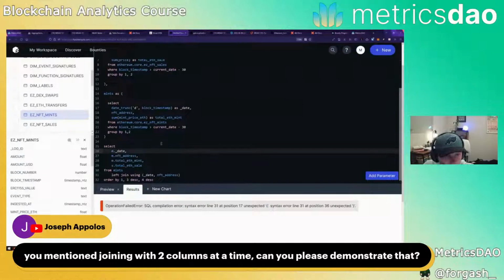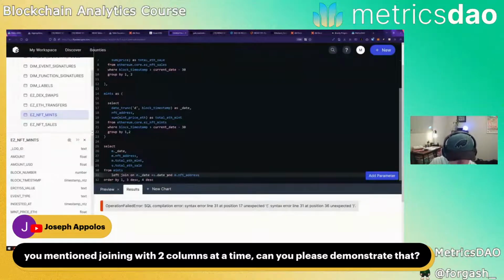Unexpected parentheses. I know I have double joined using parentheses syntax before. I just don't exactly remember. Equals s dot matters.